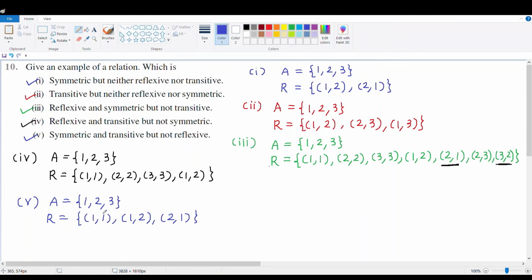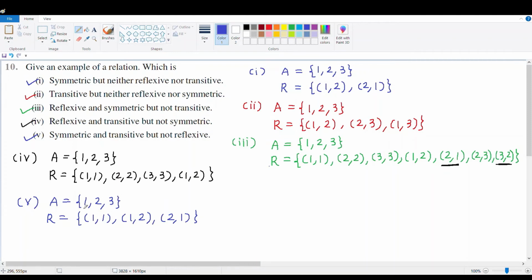Why? Because just getting 1, 1 in the relation does not make it reflexive. For all the a's in your set A, you must have a, a. If you have 1, you must have 1, 1, then you still have 2, so you must have 2, 2 here. We don't have that.